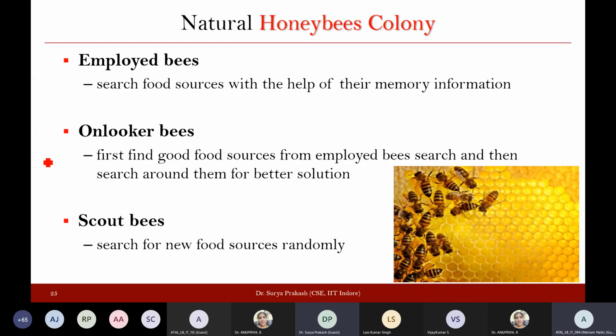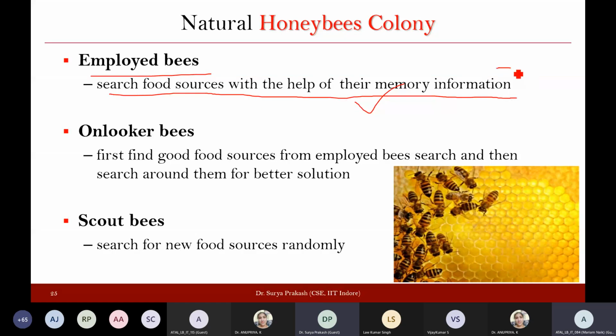What the employed bee does is search for the food source with the help of its memory. It has some memory, and based on that it goes to a particular place and accumulates the honey from there.